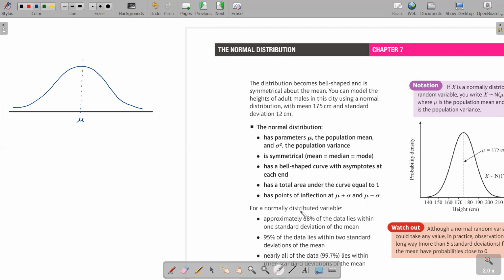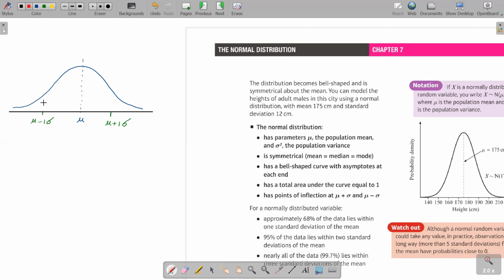They are saying for a normally distributed variable, approximately 68%. The total area under the graph is 100%, so out of that, 68% of the data lies within one standard deviation of the mean. What do you mean within one standard deviation of the mean? From mu, if you go 1 sigma forward, mu plus 1 sigma, and 1 sigma behind, can you see?